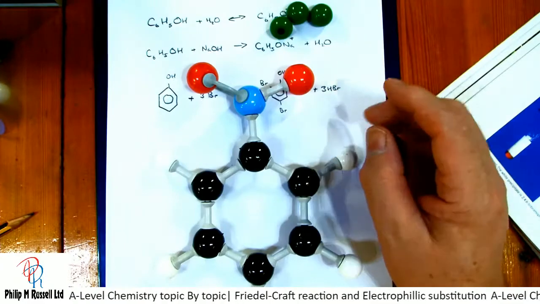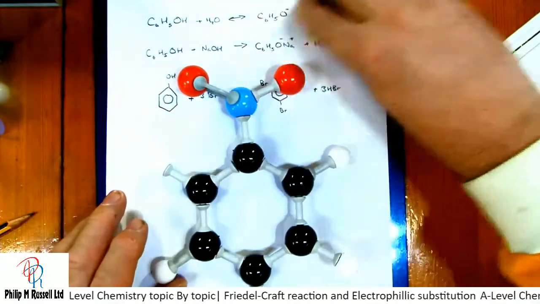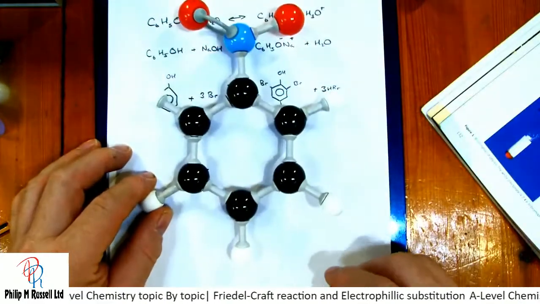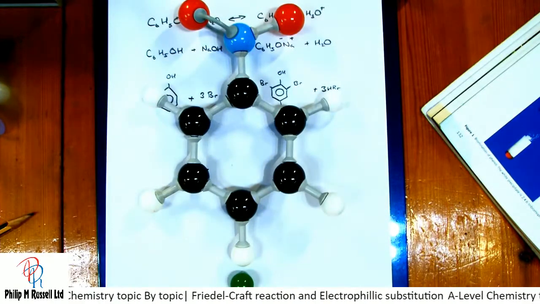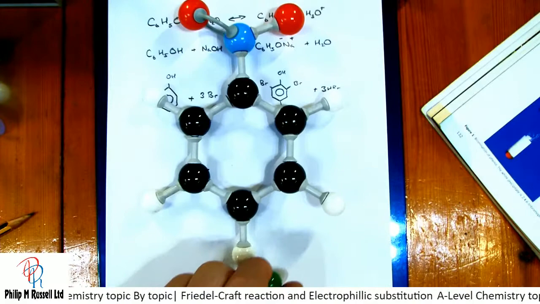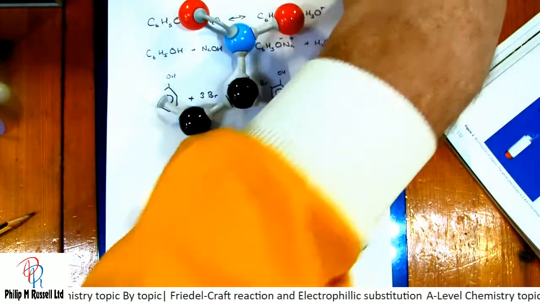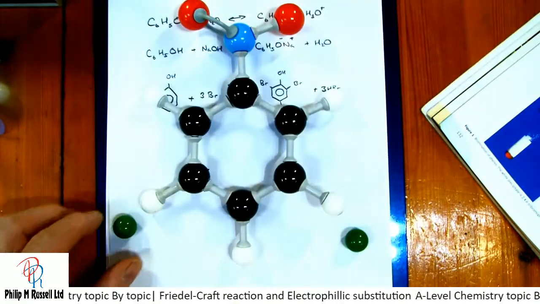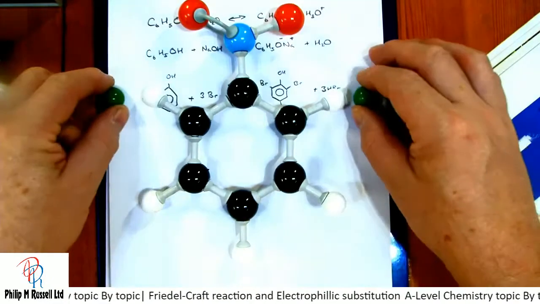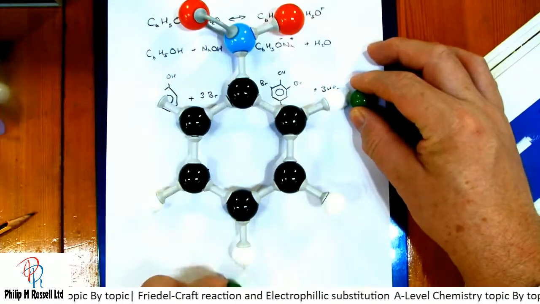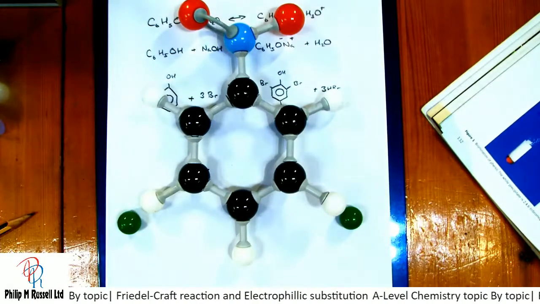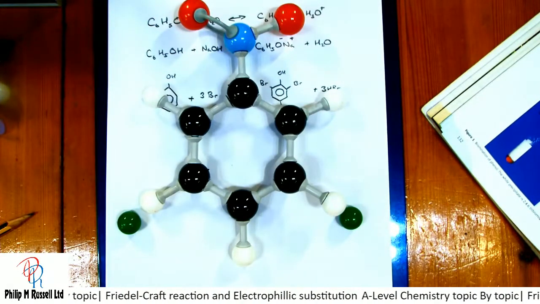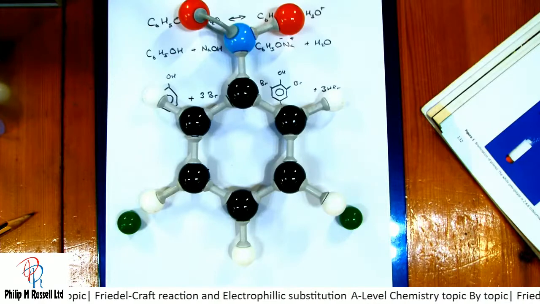And what this does is, when you react this with bromine, chlorine or similar, it's going to have a 3 directing effect. So we're going to get our bromines, rather than substituted at 2, 6 and 4, we're going to get them favoured coming at this position.